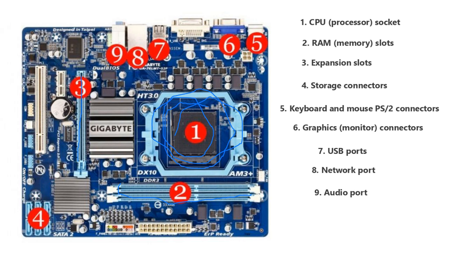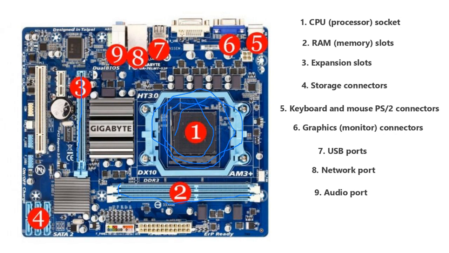Sometimes if you want to increase the memory, for example, you have one memory in one memory slot and another extra slot is there, so if you want to extend the memory size, you can do it. Number four is the storage connector.